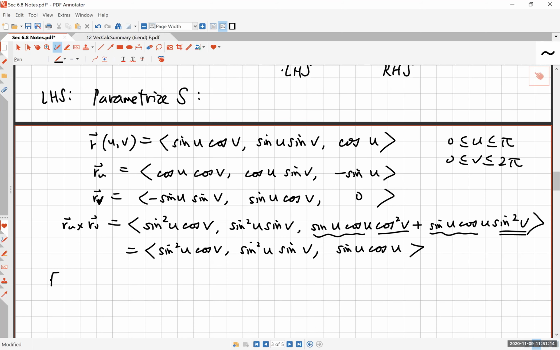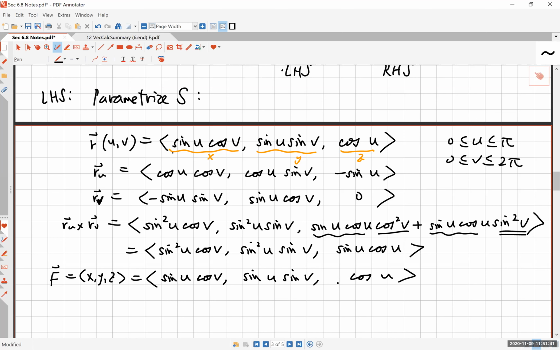All right, so F, remember what F is? It's x, y, z. In this case, this is x, this is y, this is z. And so F is simply sine u cosine v, sine u sine v, cosine u. All right, F dot r_u cross r_v.